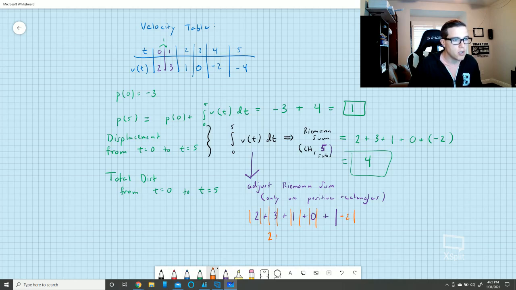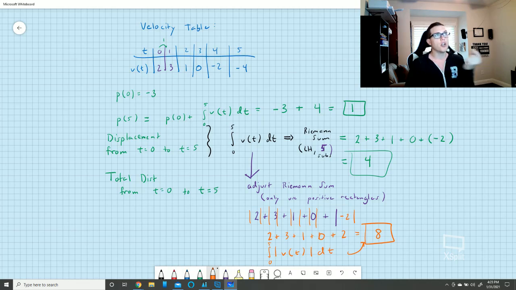So it's going to be 2 plus 3 plus 1 plus 0 plus 2. 4, 6, 7, 8. So that is my total distance traveled. I went from 0 to 5, absolute value of the velocity curve. And really, to do that using a Riemann sum, just change all the rectangles to positive areas. So if I'm having you find 5 rectangles and 2 of them ended up being negative, change it so that those 2 are positive and have them all be positive.